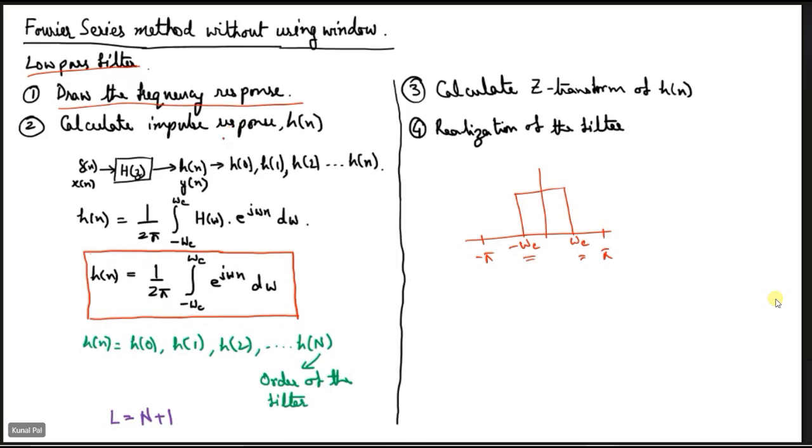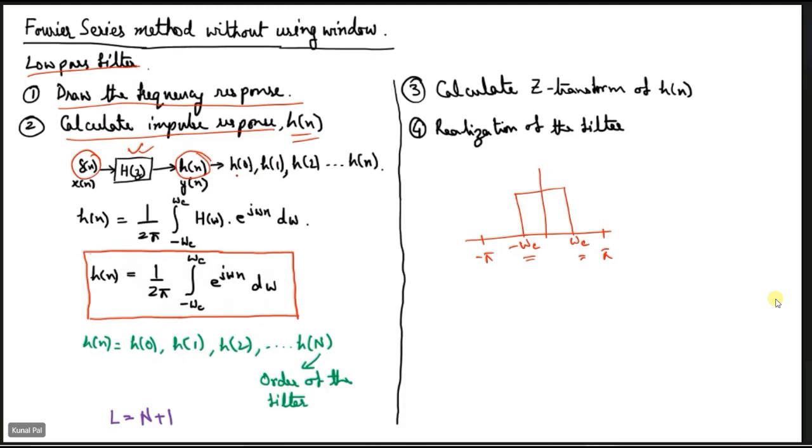What we have to do after that is calculate the impulse response, which is h of n. Now, we all know what an impulse response is. It is nothing but what you get when you give an impulse input to a system, and it is a time dependent response of the system.